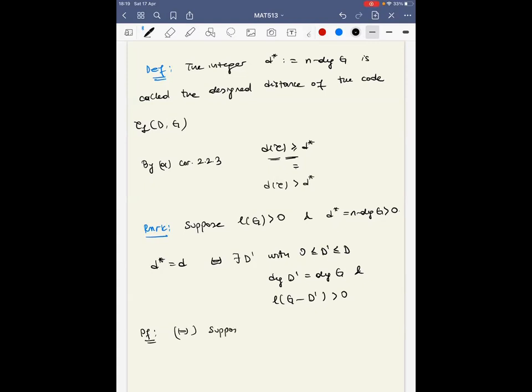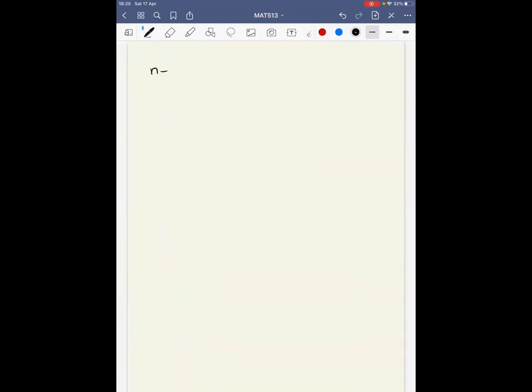Suppose d star is this, so that means there's a code word in C whose weight is exactly n minus degree G, and this allows us to consider a non-zero function in the Riemann space such that its image under the evaluation map has exactly n minus d star non-zero components.